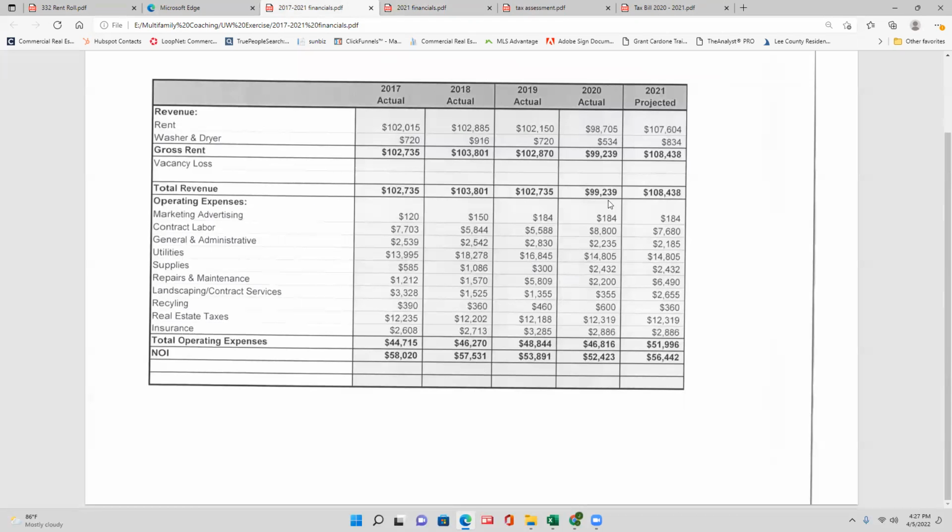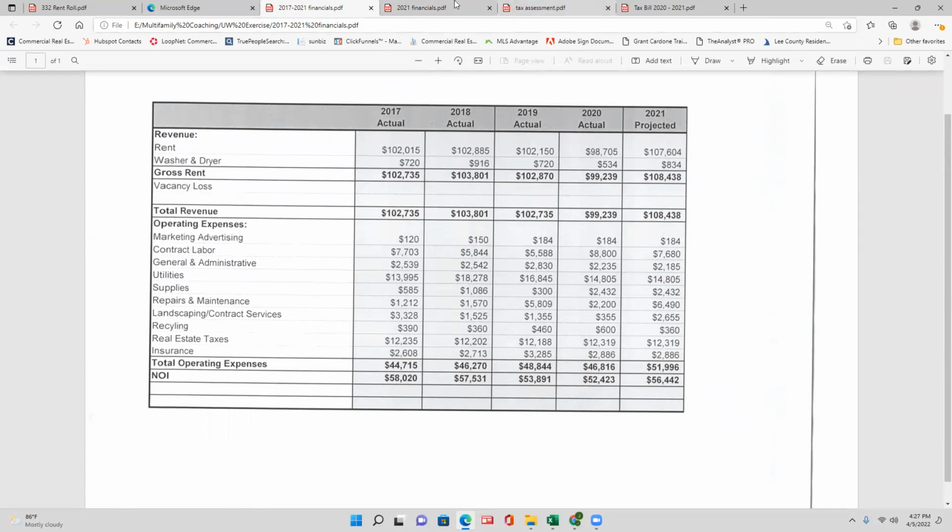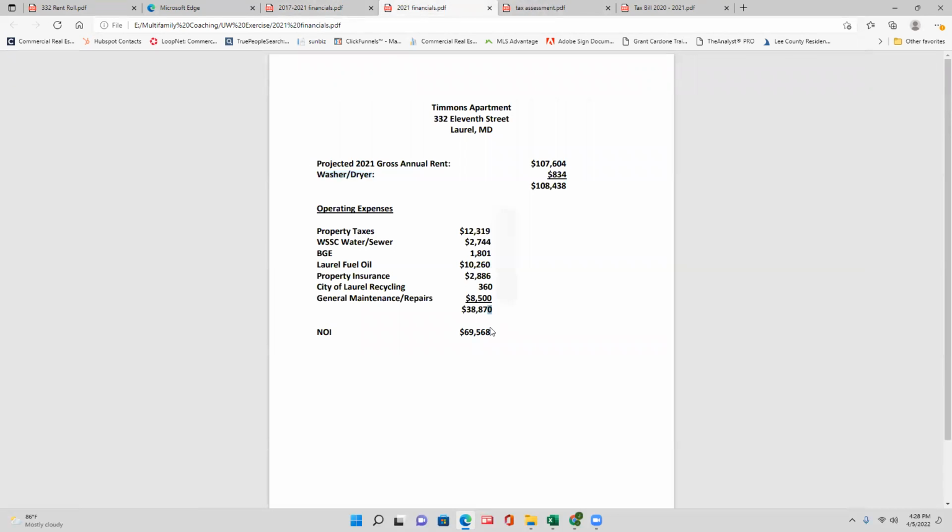So it doesn't even match up to what they sent him here. See, this is what, if you look through these, you're going to find different stuff. So what we're talking about right now is the NOI here for 2021, the projected here shows 56. So what happened? Right here, it says NOI is 69.